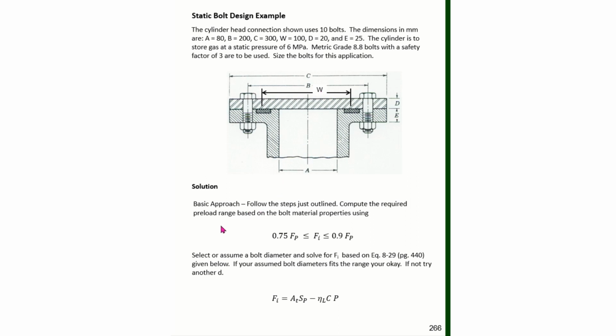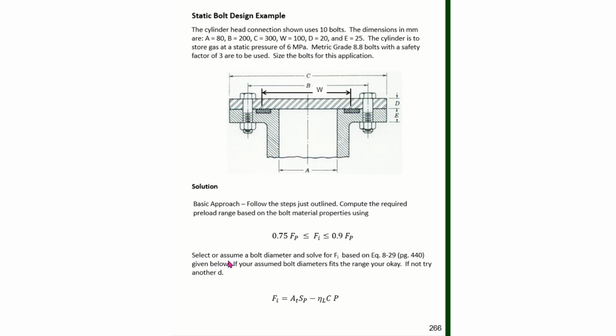So let's follow our basic approach that we talked about just previously. We'll follow the steps just outlined. We'll compute the required preload range based on the bolt material properties using this expression here.